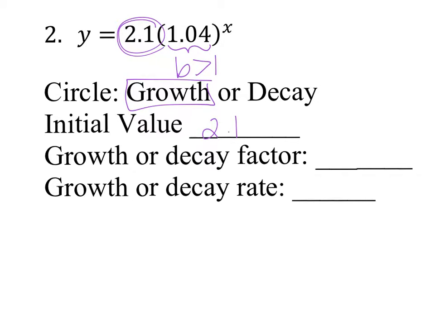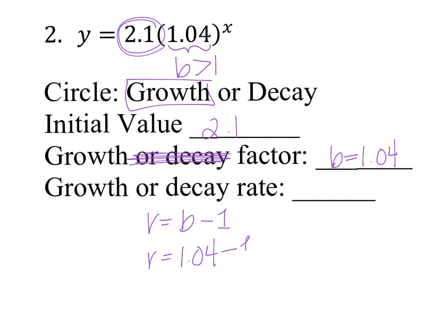My growth factor, because we're not looking at decay, is whatever b is, and b equals 1.04. Now again, my growth rate equals b minus 1. So r equals 1.04 minus 1, which equals 0.04, and that's my rate.